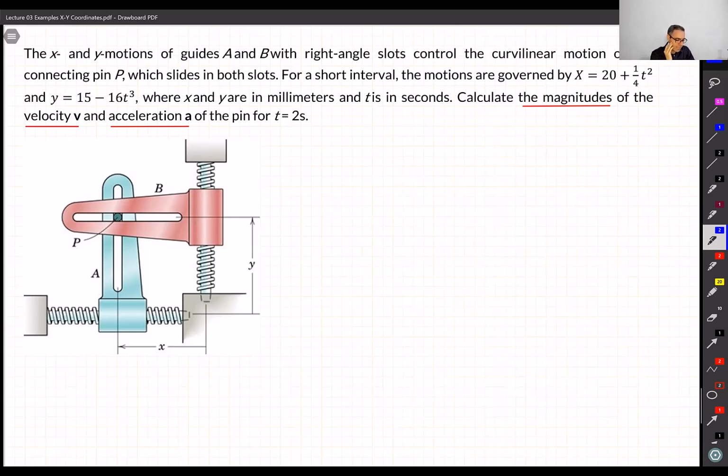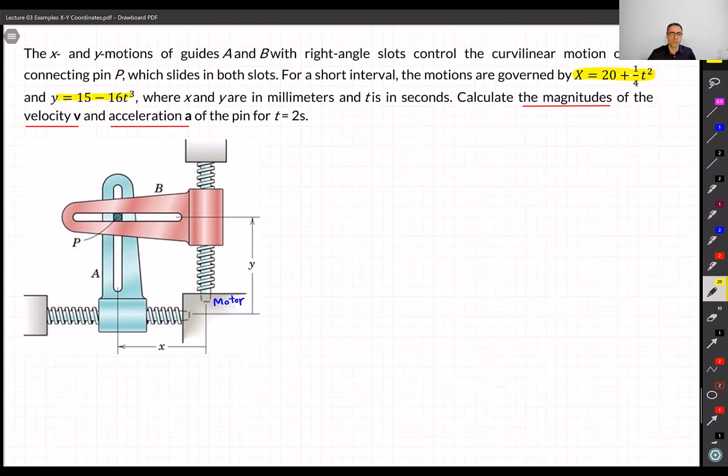It gives us X and the motion for X as a function of time, all right? So we set up this machine, maybe we have a motor here. This motor rotates, and because it has this gear, which later we will study, we call it a Scotch yoke gear, it moves B up and down, and it moves like X and Y with these equations.